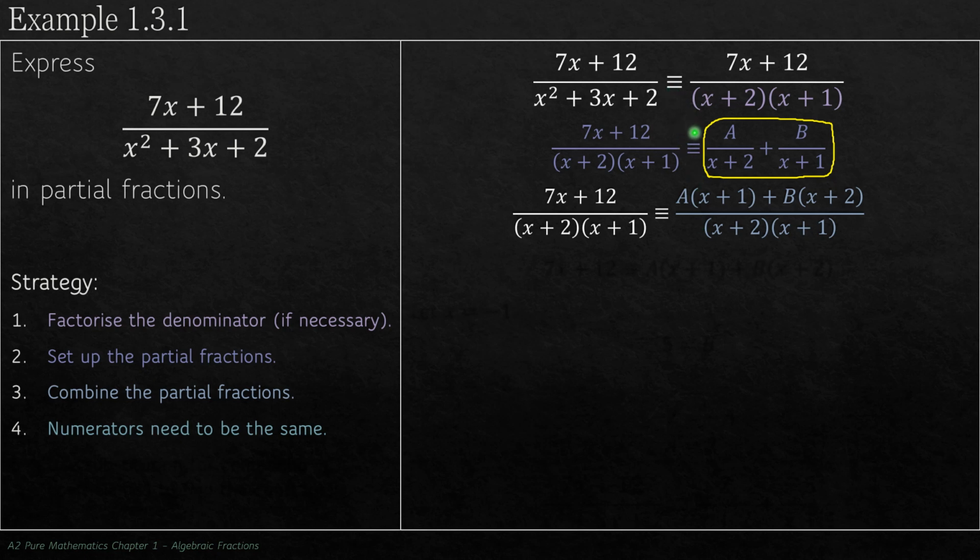Remember, we're using the identity symbol here, which means the left hand side and the right hand side are identical for all values of x. Since our denominators are identical, then logic tells us that our numerators need to be identical as well. So the next line in working out is to say the numerator of the left must be the same as the numerator on the right.